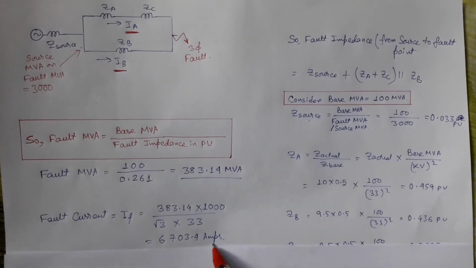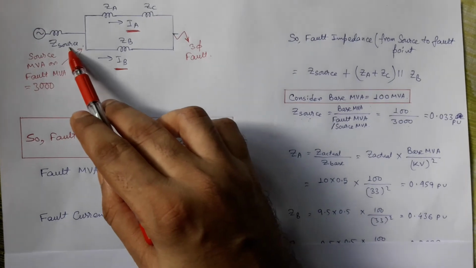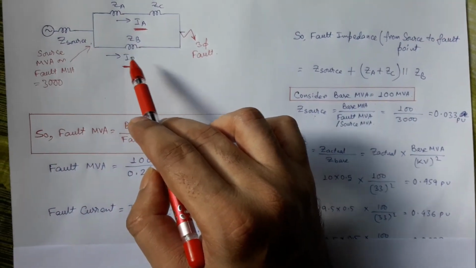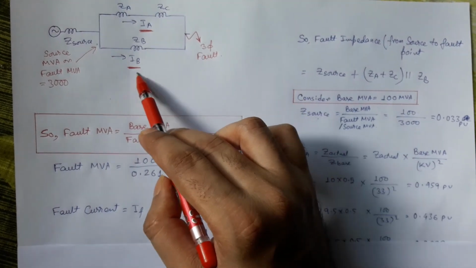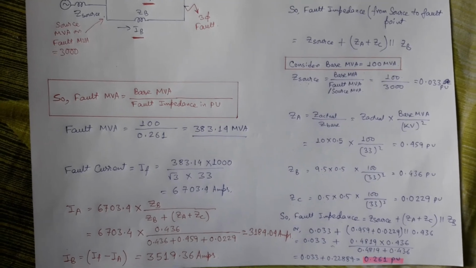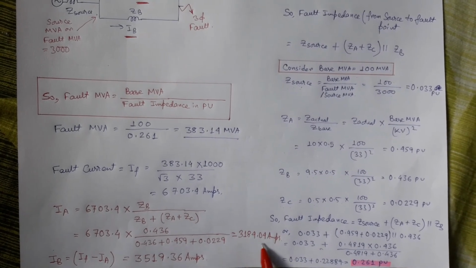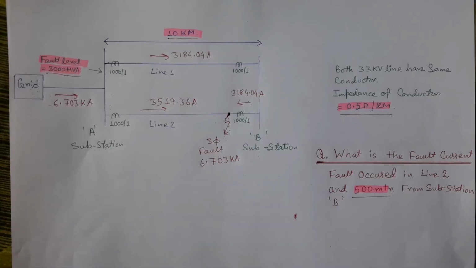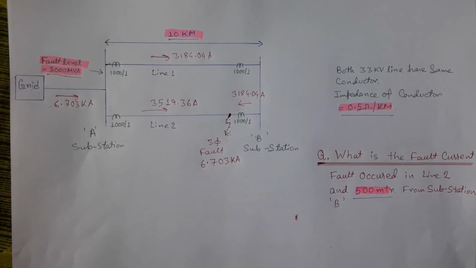And as this fault current IF is divided into two branches, IA and IB, we can calculate the values of IA and IB by using the current dividing rule. So this is the value of IA and this is the value of IB. So this is the fault current distribution.